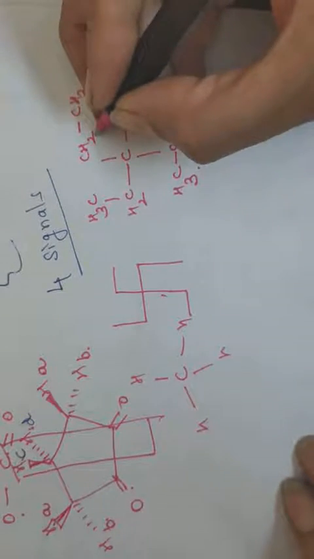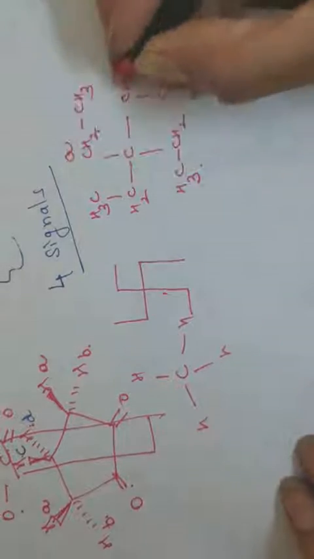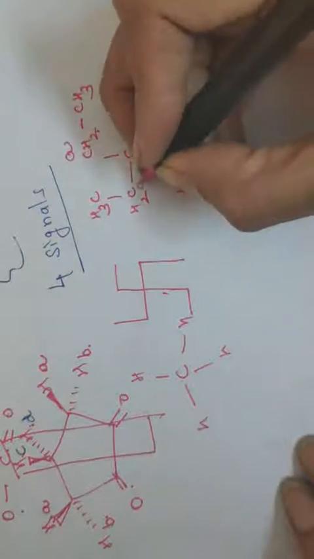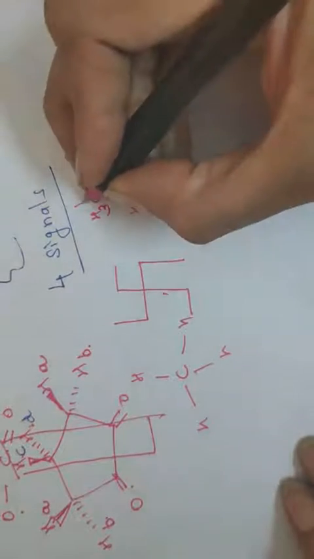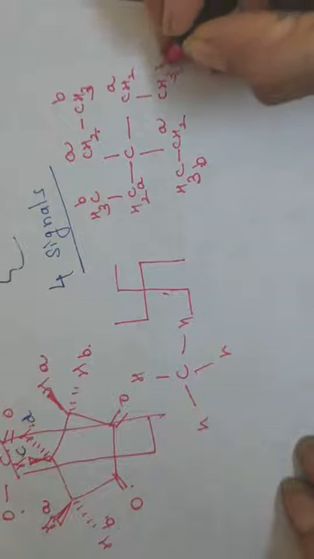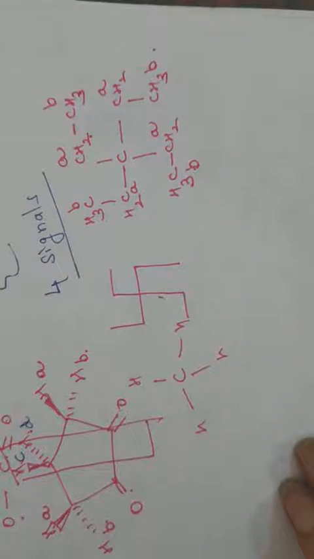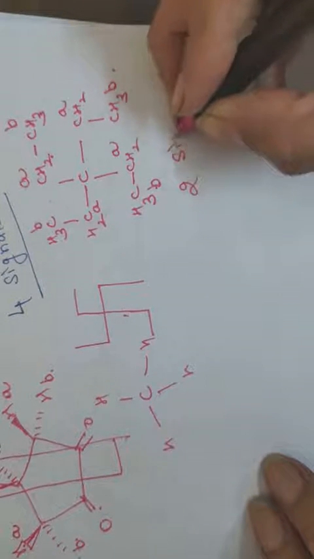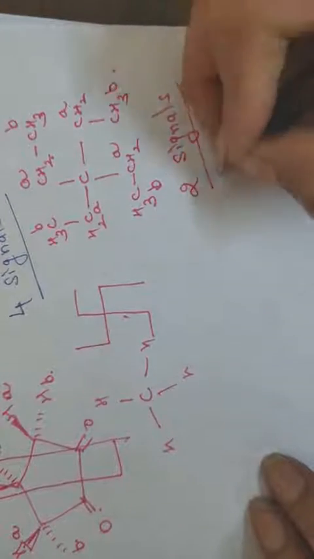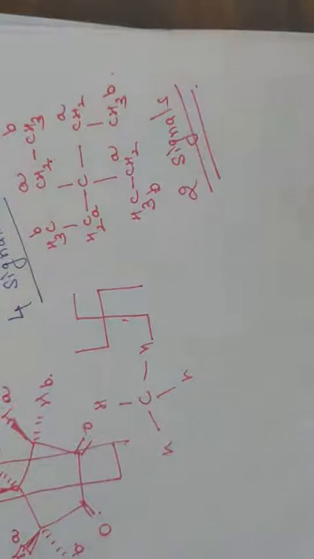Similarly, since this is a CH2 group, this will be similar to this CH2, and this will be similar to this. This CH3 group will be different. If this is B, this is also B, this is also B and this is also B. So how many types of protons are there? There are 2 different types of protons. So how many signals will you observe in the NMR spectrum? 2 signals. So we have done various examples of how to find the number of signals in the NMR spectrum. Thank you.